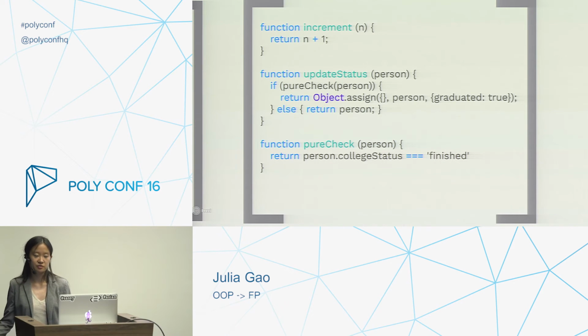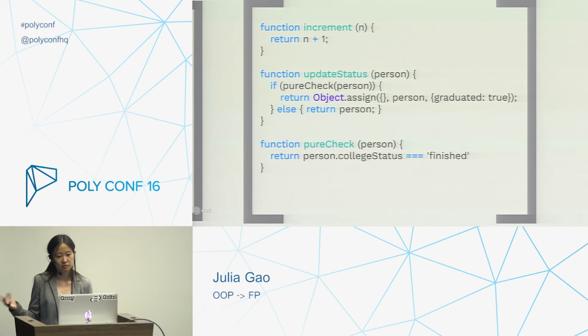And then based on this function's result, we're returning a new object that assigns this brand new object, and copies everything over from person except changing the graduated status from false to true, and so on. So in this case, we're not changing the given person object. We're simply returning a new person object with the updated status.